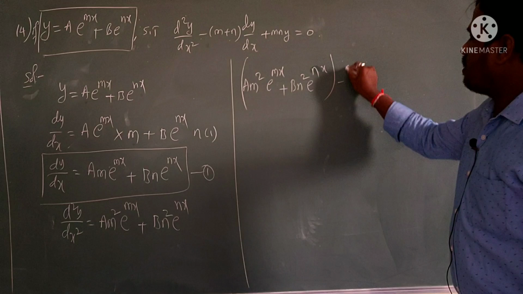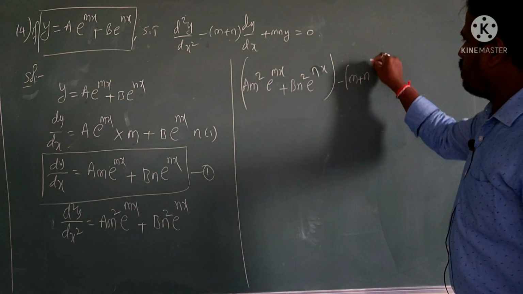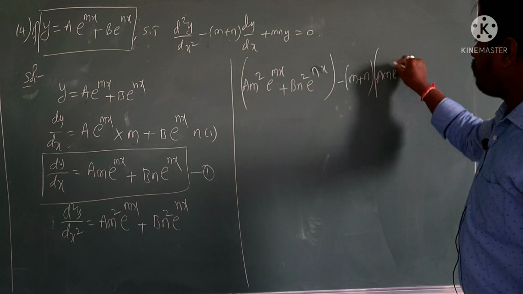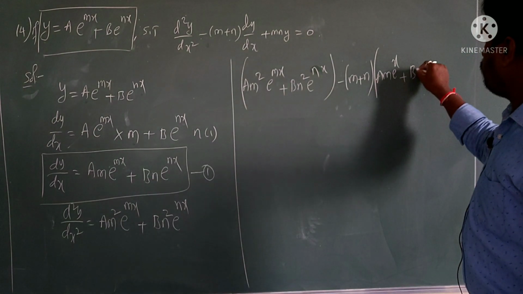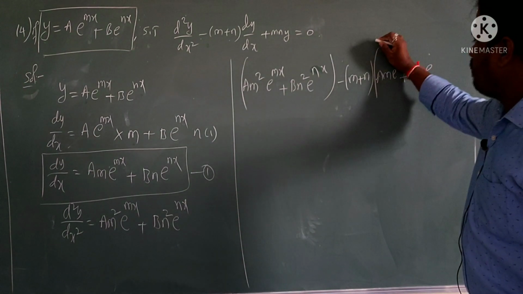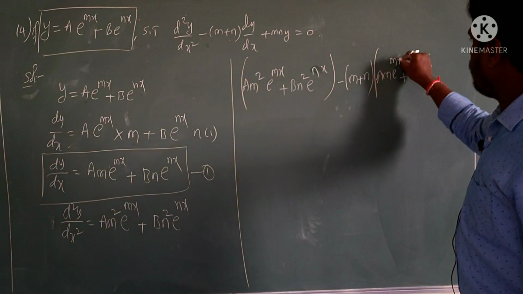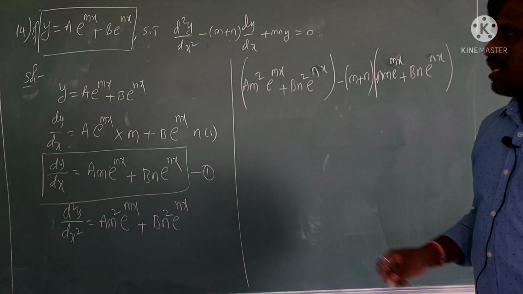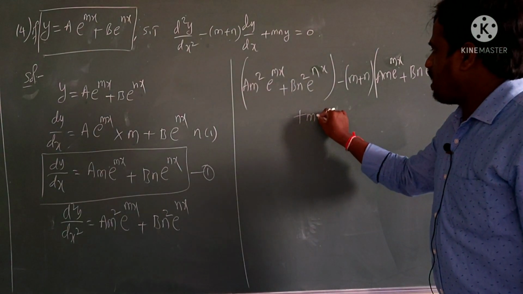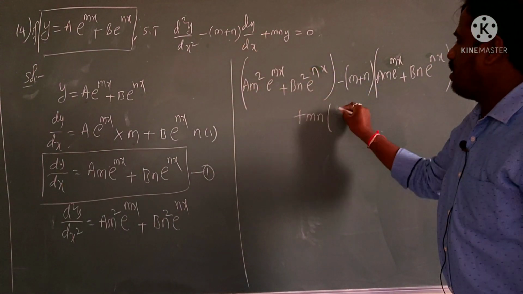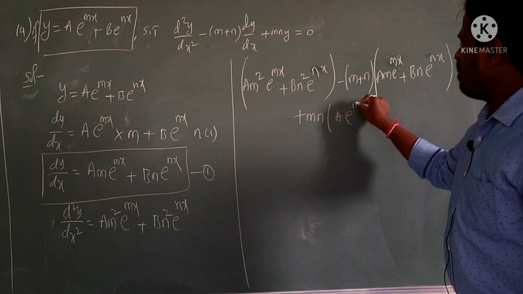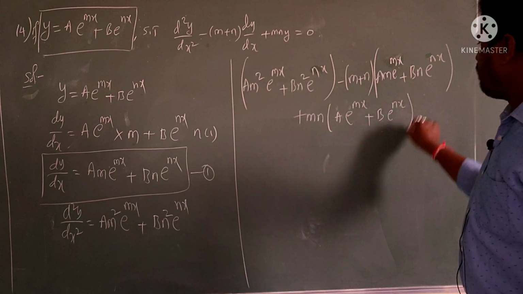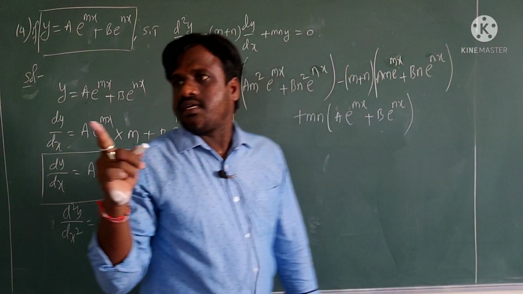Now minus m plus n into, what is dy by dx? am e to the power of mx plus bn e to the power of nx. And plus mn into, what is y? A into e to the power of mx plus b into e to the power of nx. Is it clear? Yes, sir.